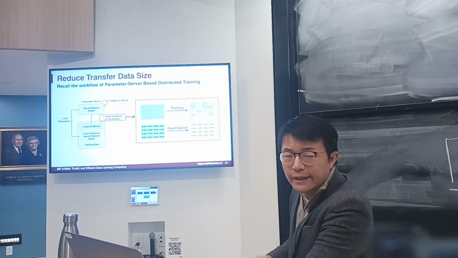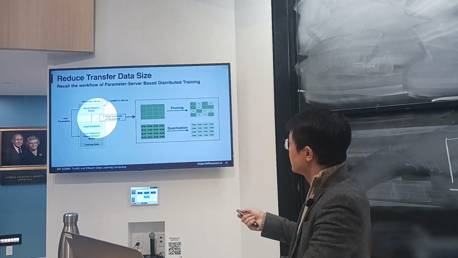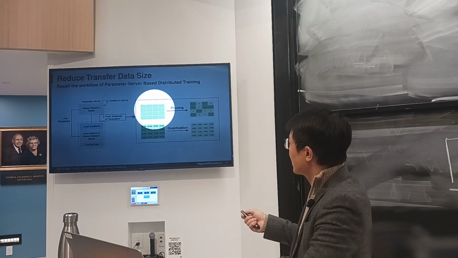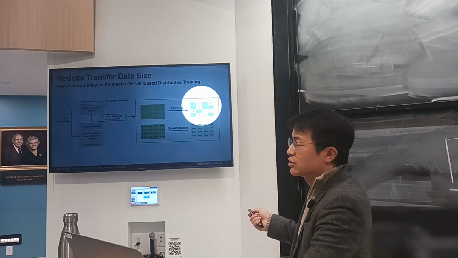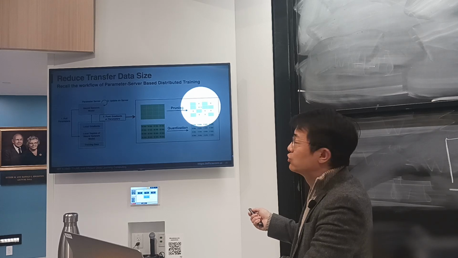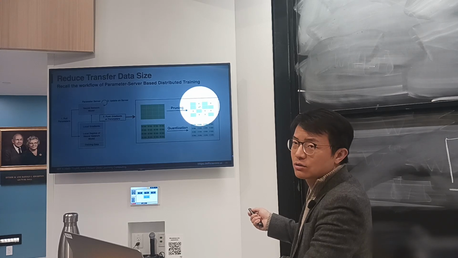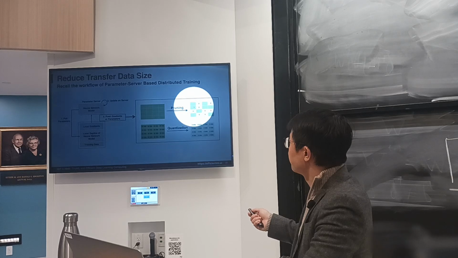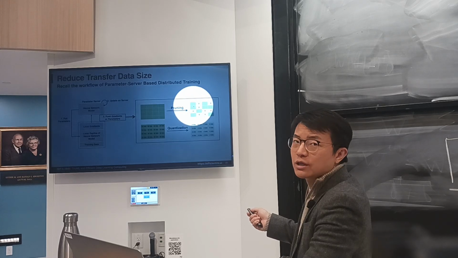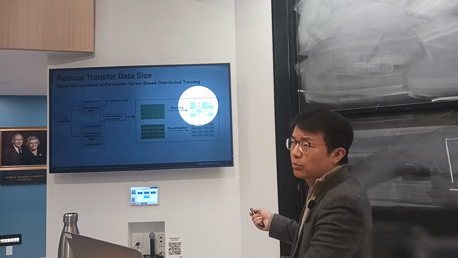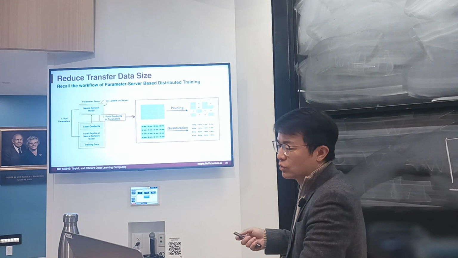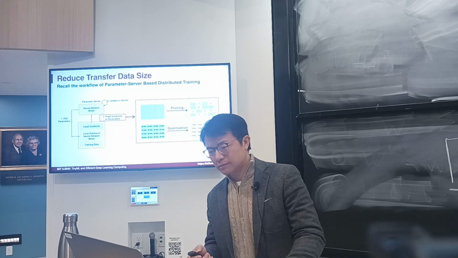So a natural idea is, can we prune the gradient? This is the original gradient tensor. Can we prune it by setting a lot of entries to be 0, such that we don't need to send those pruned 0 gradients? We only need to send these dark green gradients and not the light green blocks.